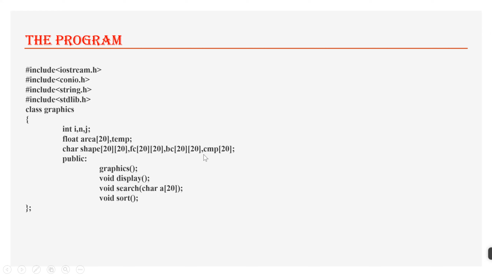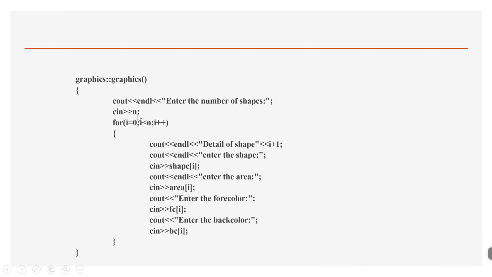So here all these arrays are two-dimensional arrays. Then I use some public functions: graphics, display, search. Here also I'm using a parameter which is passed from the main program. Then I'm sorting. So I'm defining, I'm displaying, I'm searching for a shape, then I'm sorting the shapes. These are the activities which I'm doing over here.